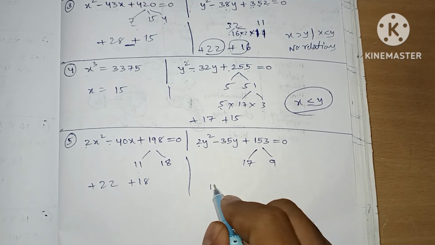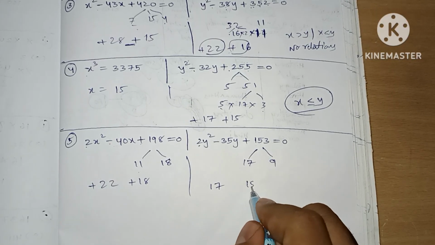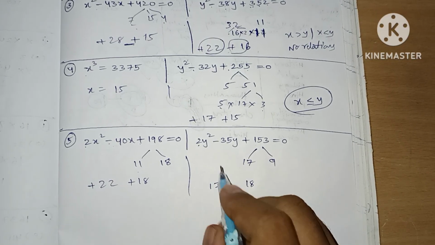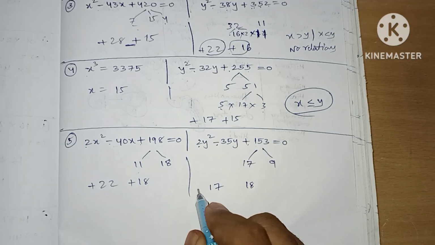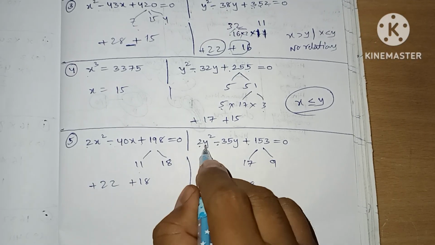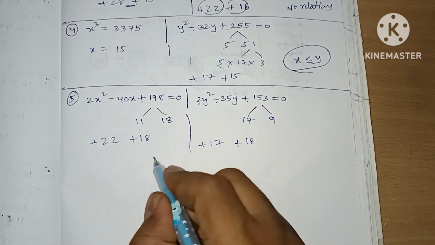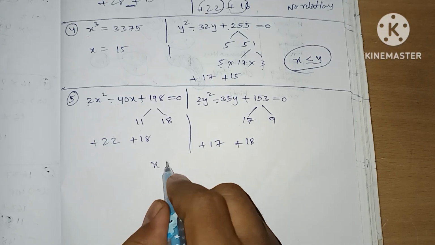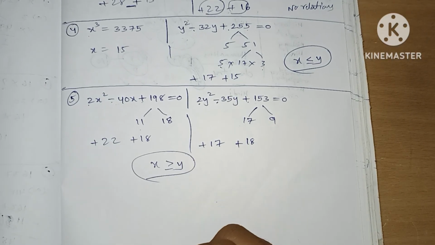So 17 and 18 are the roots. Minus and plus means the roots are positive. The bases are equal, so we'll compare these two. It is clear that x is greater than or equal to y.